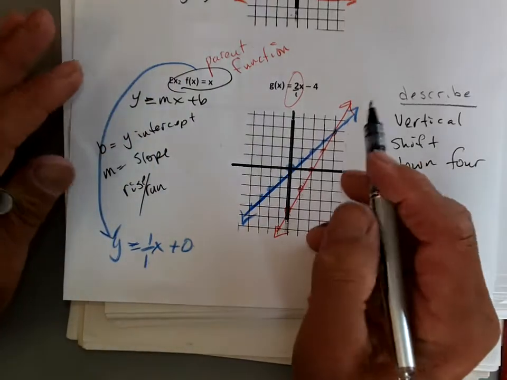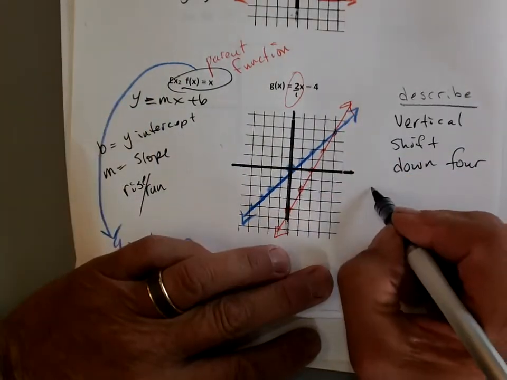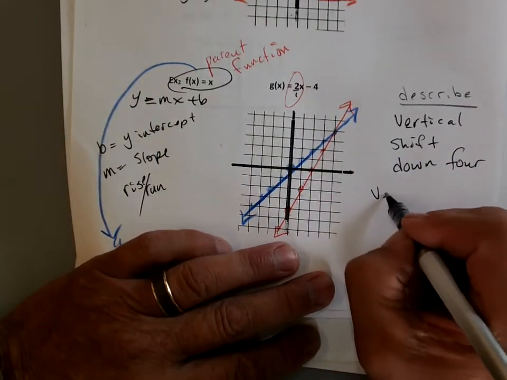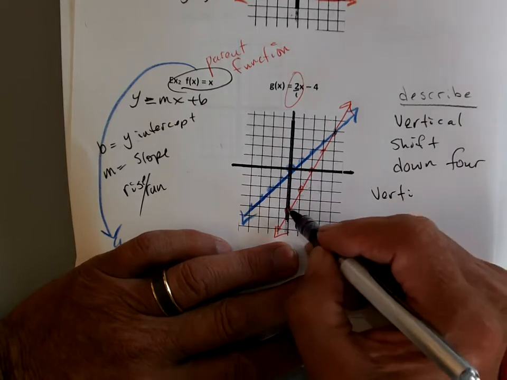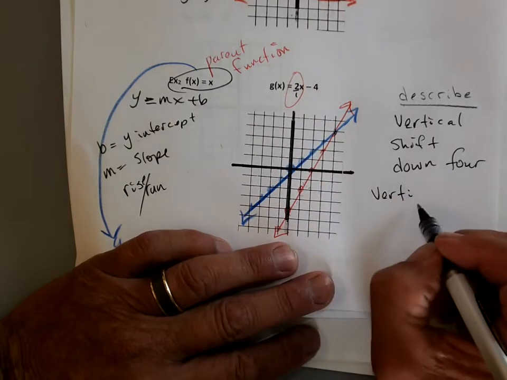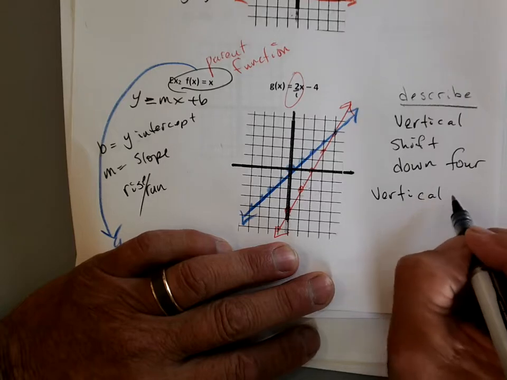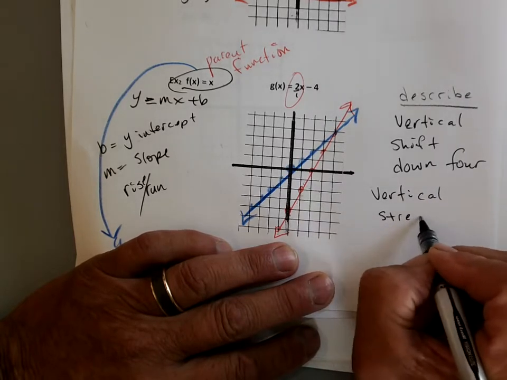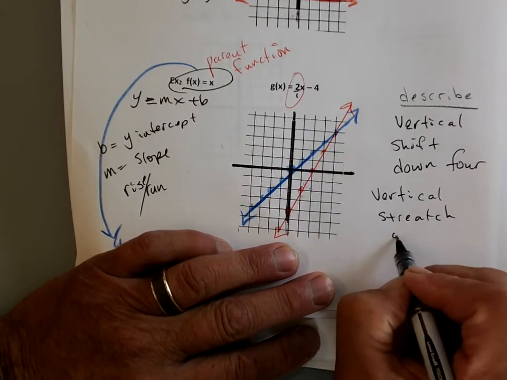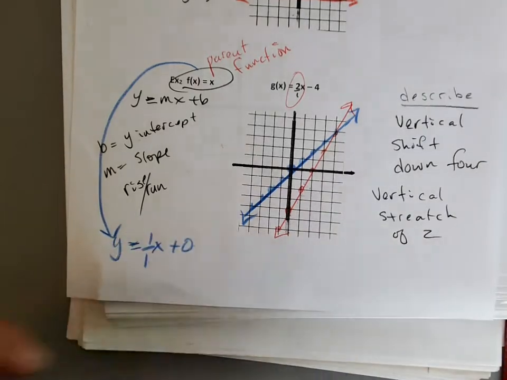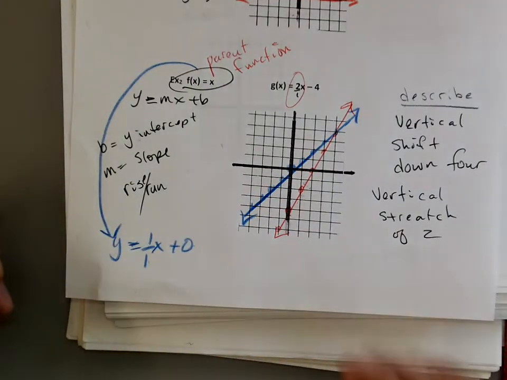So we also did a vertical stretch, because instead of up 1 over 1 it stretched up 2, a vertical stretch of 2. That's my description. Just use words, okay? All right, now let's turn the page.